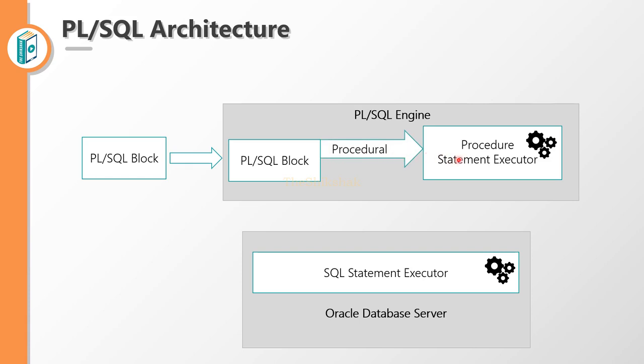So जैसे आपका if else लिखा हुआ है या फिर कोई पैकेज को कॉल किया, फंक्शन को कॉल किया, वो सारे स्टेटमेंट्स यहाँ पे रन हो जाएंगे. But the moment it comes to an SQL statement, so definitely your PLSQL block may contain SQL statements, it passes that particular statement to the SQL engine so that it can execute that SQL statement with the SQL statement executor and return the result to your PLSQL block again.